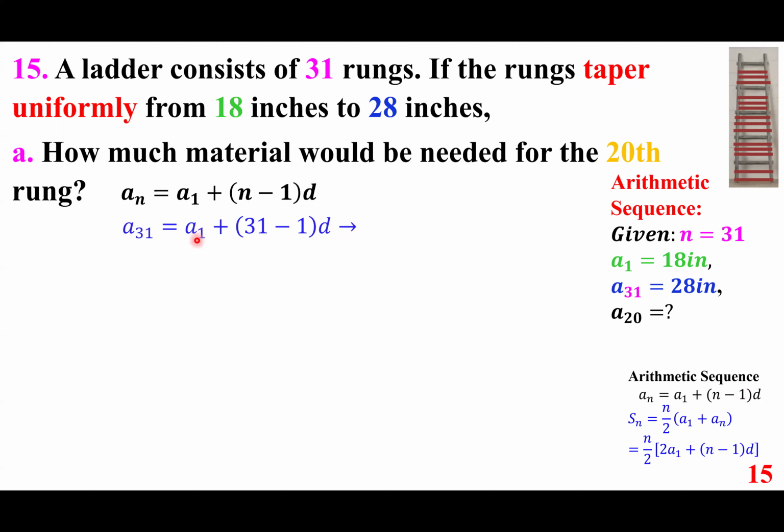A sub 1 is 18 plus 30D. Subtract the 18 from both sides. You get 10, and divide by 30. And you get D equals 1/3.